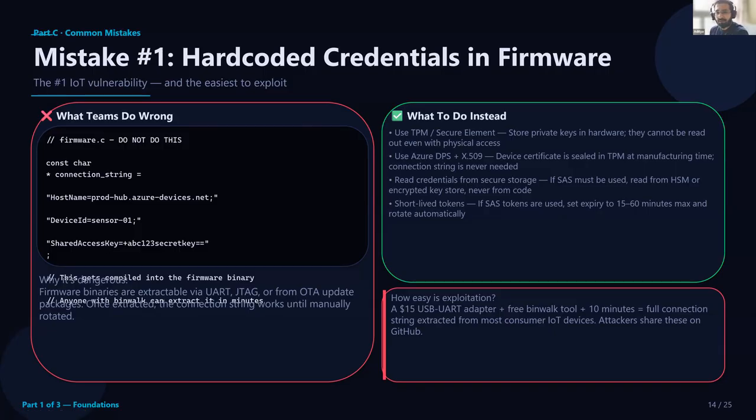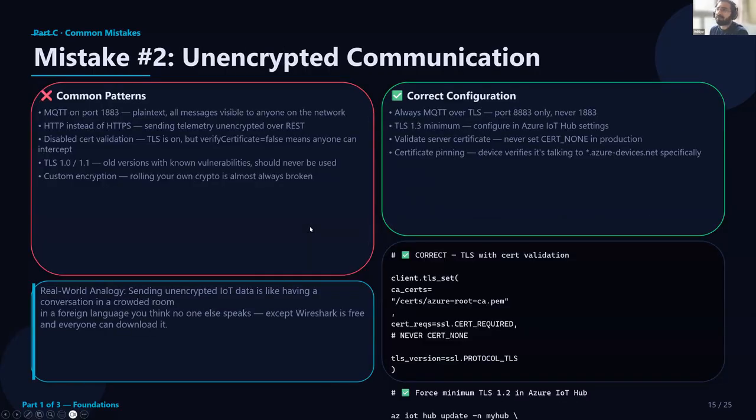Second mistake, unencrypted communication. The common pattern is MQTT on port 1883, plain text, all messages visible to anyone on the network. It happens because developers need to quickly connect things to the environment.